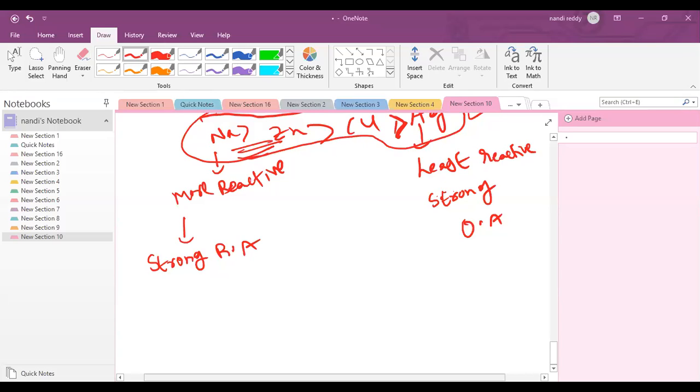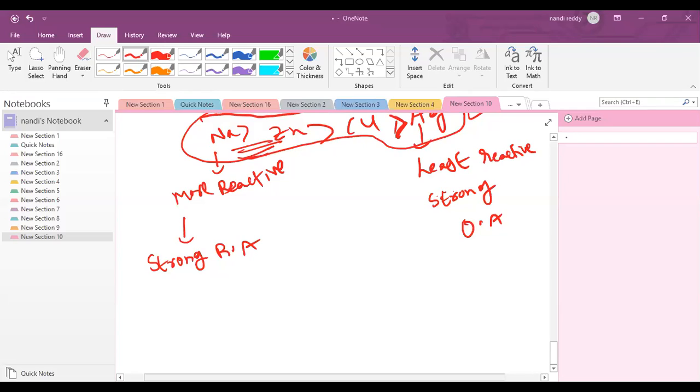You can see the top of the table; E naught means standard reduction potential. By looking at the table, you can give the answer. Which element has the highest E naught value? Lithium, correct. Lithium has the highest negative E naught value.